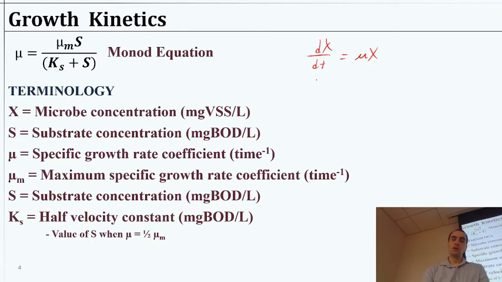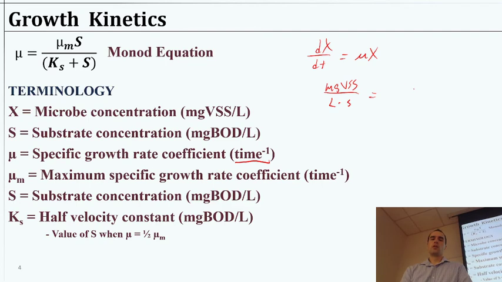Okay, mu specifically, we can call it the specific growth rate coefficient. You'll see this is per time. It's a first order rate constant, a growth rate, right? This means that if we have the difference of milligrams VSS per liter over time, we'll say seconds, then the units on the right have to be the same, right?